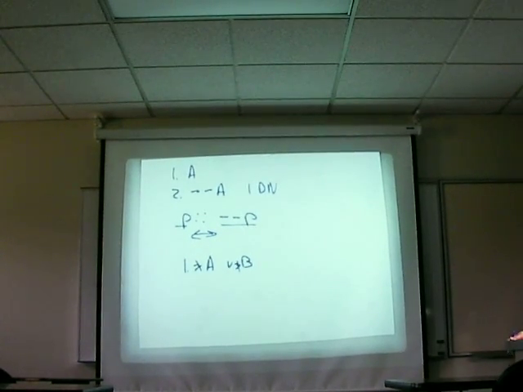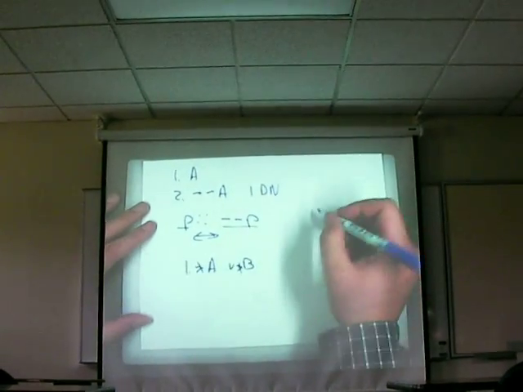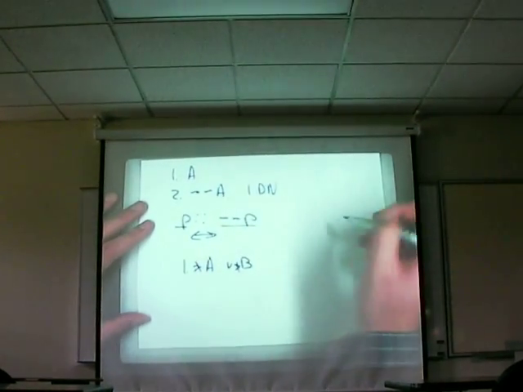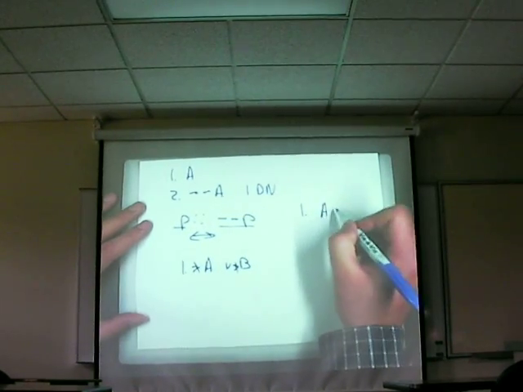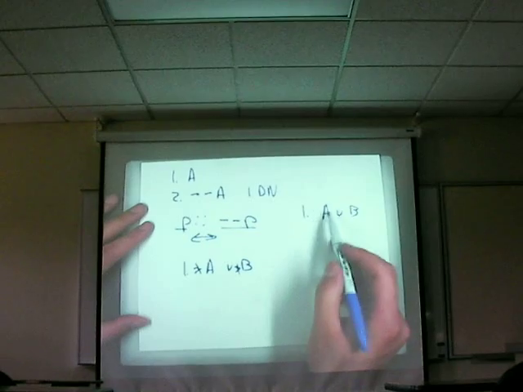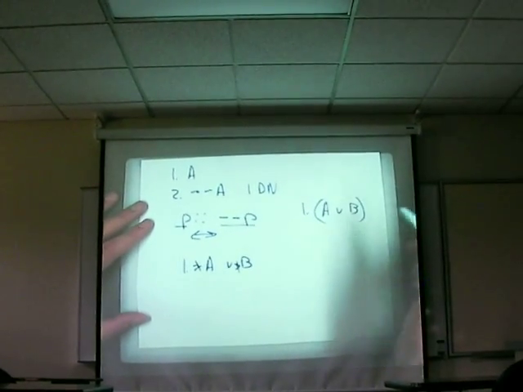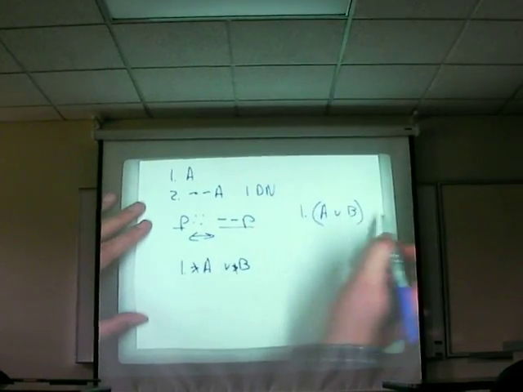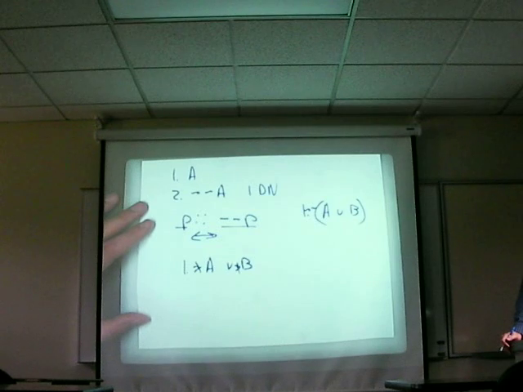Only with respect to a single variable, or for that matter, an entire statement put into some sort of grouping, for instance, parentheses. Suppose that we had A or B. I could double negate the A, I could double negate the B, or if I needed to, I could put the entire thing in parentheses and double negate the entire statement.